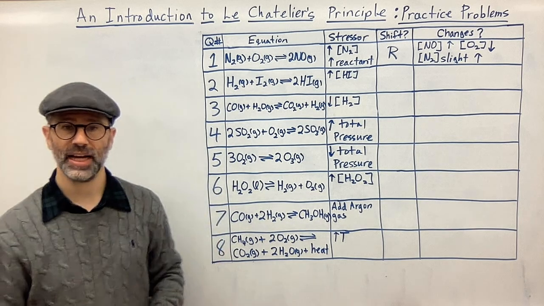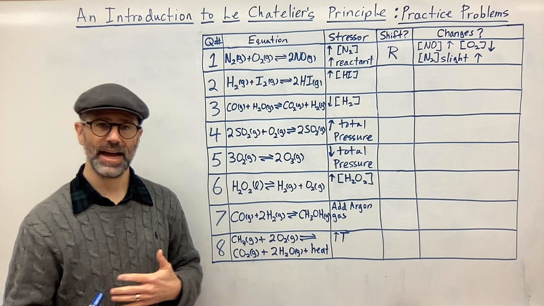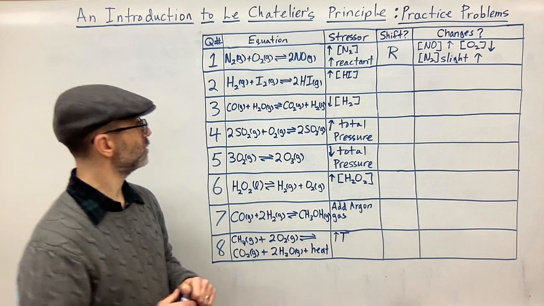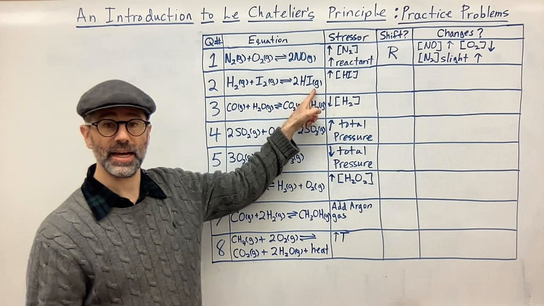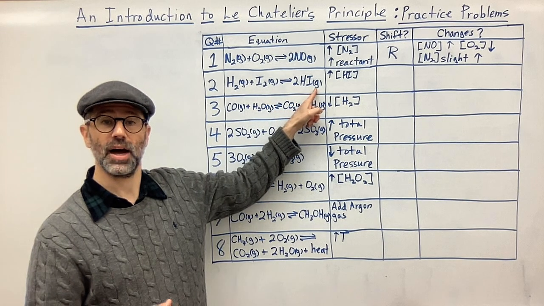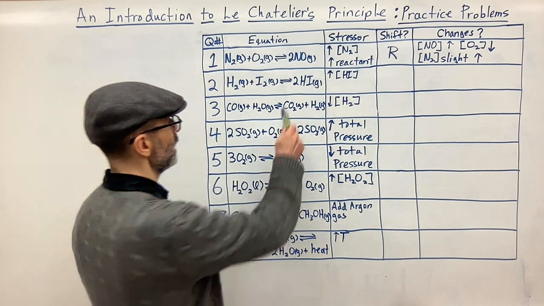So our question again is, what phase is HI in? Is it liquid, solid, gas, aqueous? So we look here, HI is a gas. So once again, it is going to cause a change. So Le Chatelier's principle is going to apply to this. So where's HI? HI is a product.